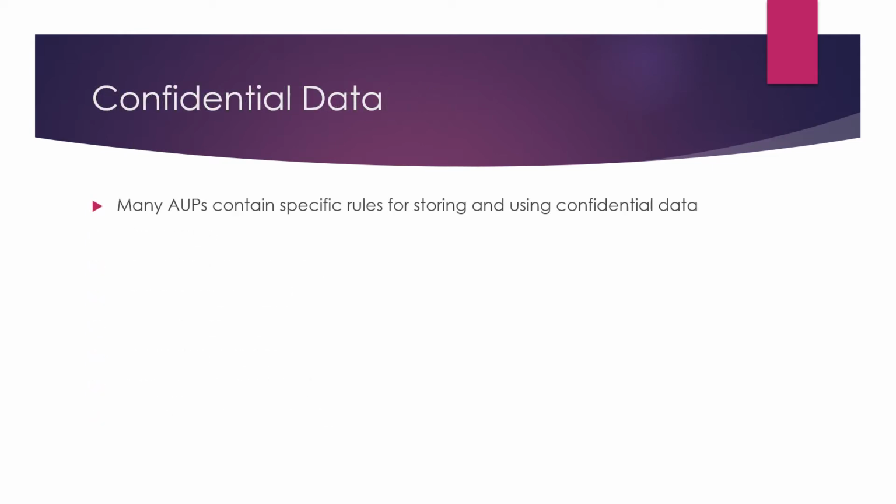Many AUPs contain specific rules outlining how to store and use confidential data. Confidential data includes the most personally identifying data, such as name, address, social security numbers, phone numbers, health information, and so on.